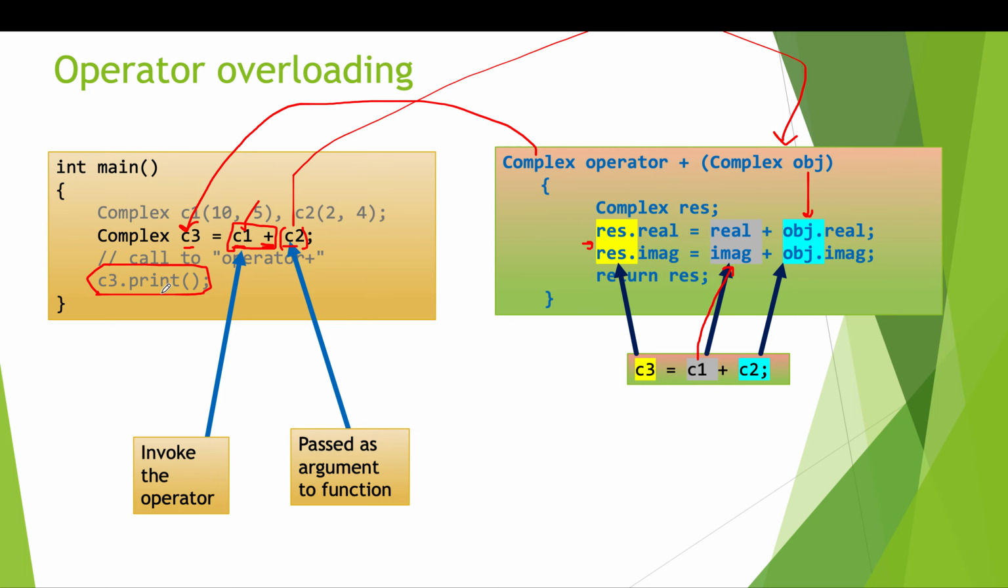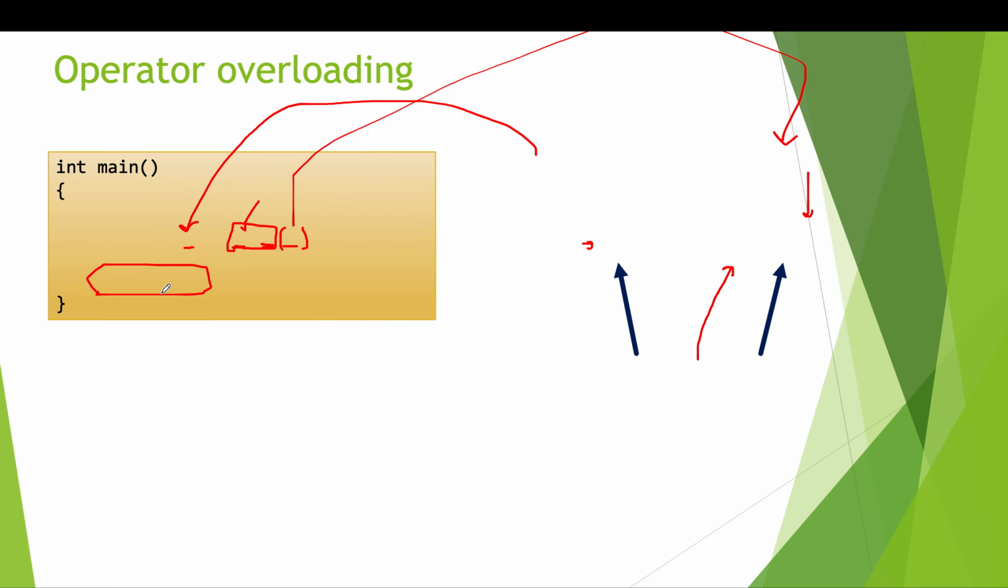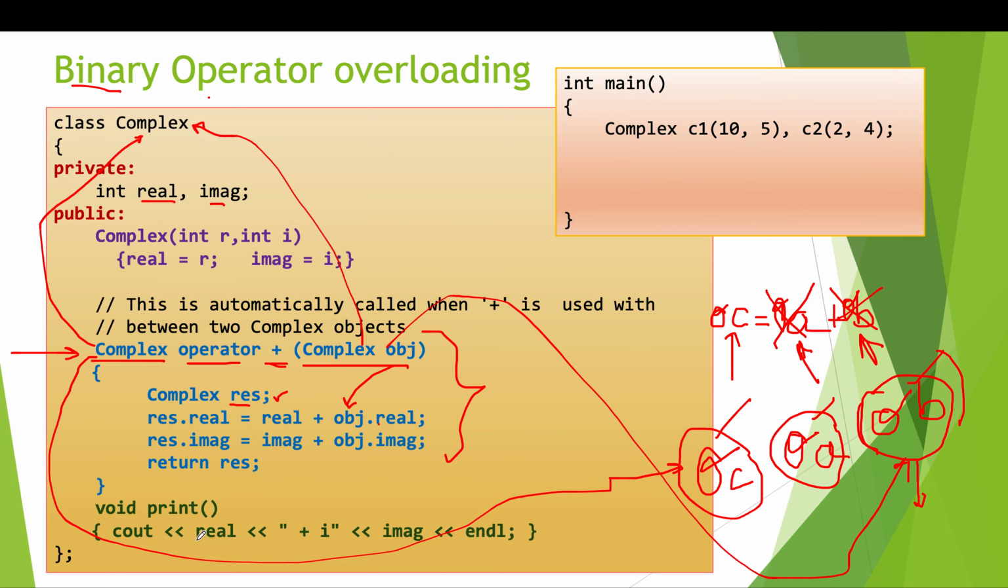We'll go to the previous slide. So what will be printed? 12 plus i9. This will be printed, because when we are calling the print function, we are calling it only for C3, and in C3 we are adding C1 and C2.